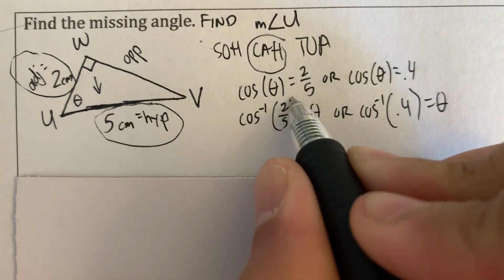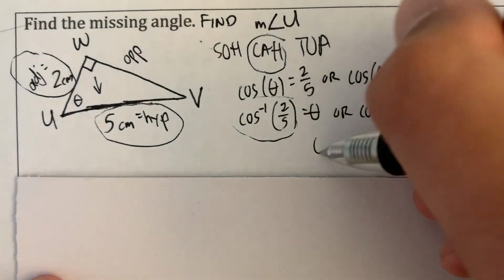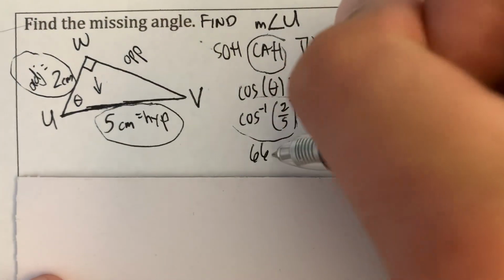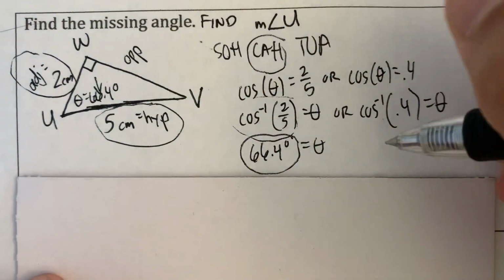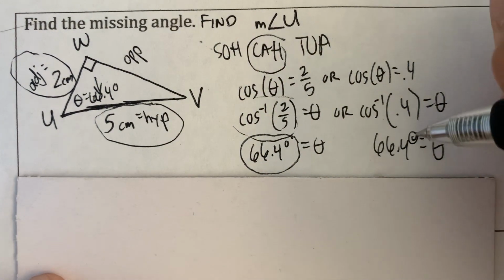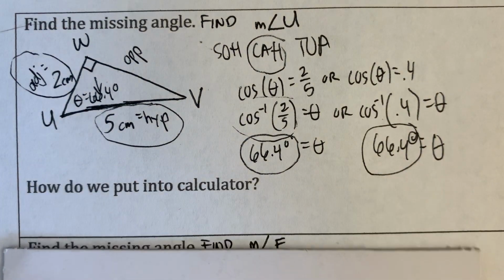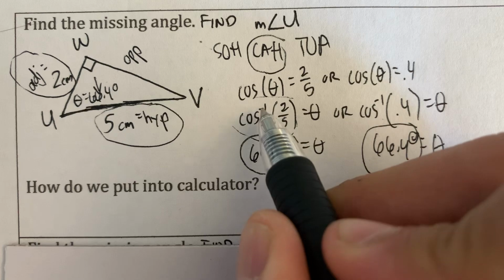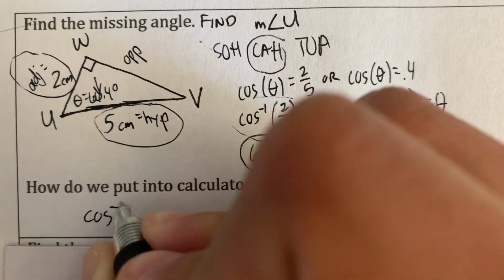So now we can just put this into our calculator, and when we do that, we get that our theta equals 66.4 degrees. So this angle is 66.4 degrees. And this little symbol right there means degrees. Once again, if you have a calculator that has this little symbol up here, then you can just put that straight in, but some won't.